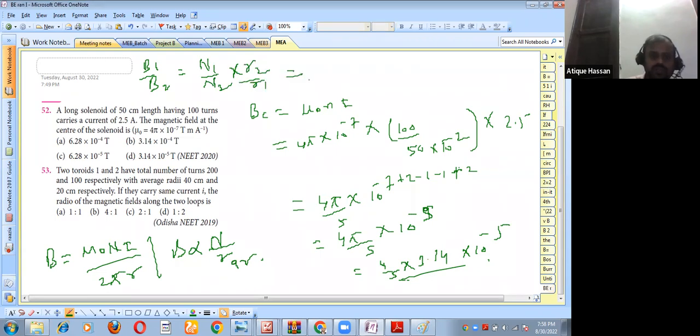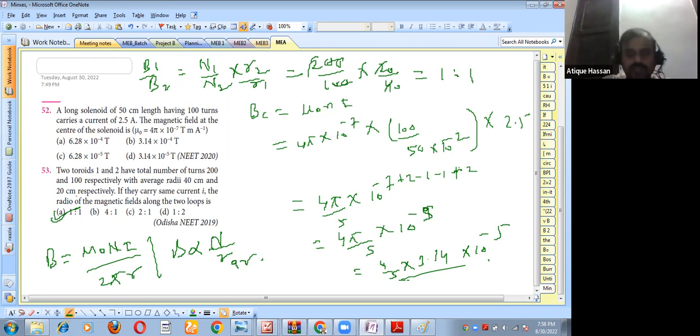So what is N1? 200 by 100 into what is R2? 20 by R1 is 40. So this 2 will be cancelled out, this 100 will be cancelled out. So we will get 1:1, right? Same. Are you also getting the same answer, 1:1?